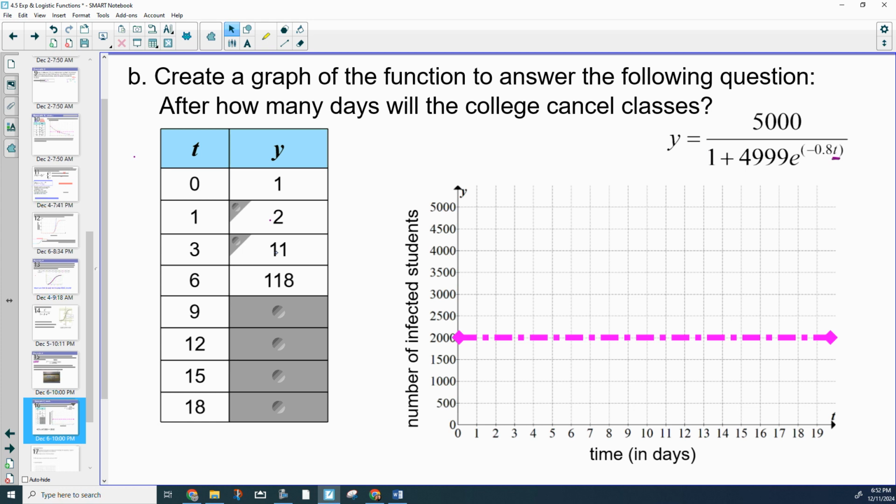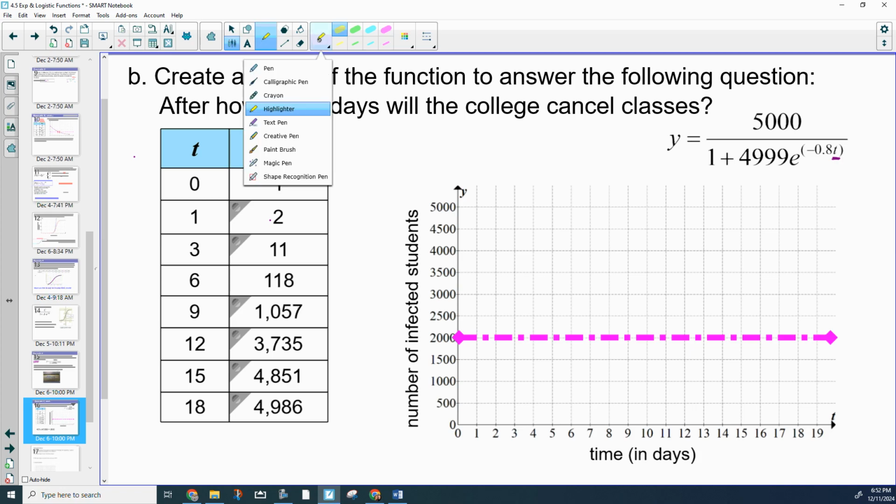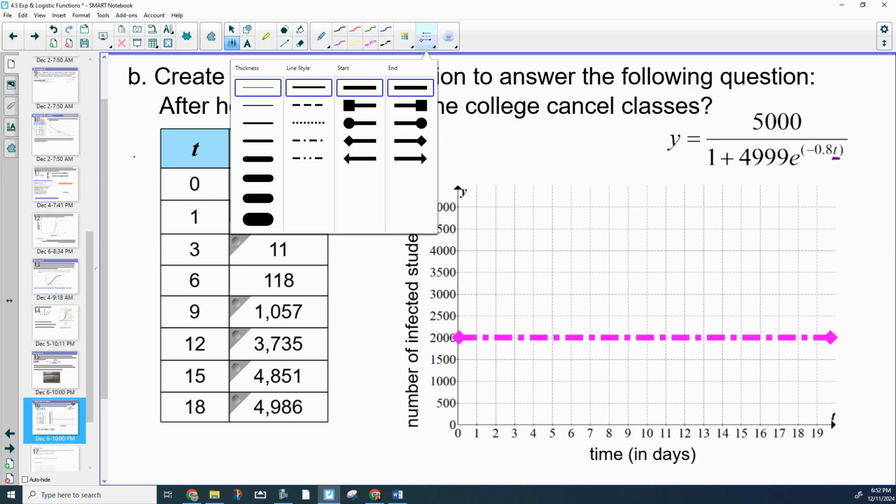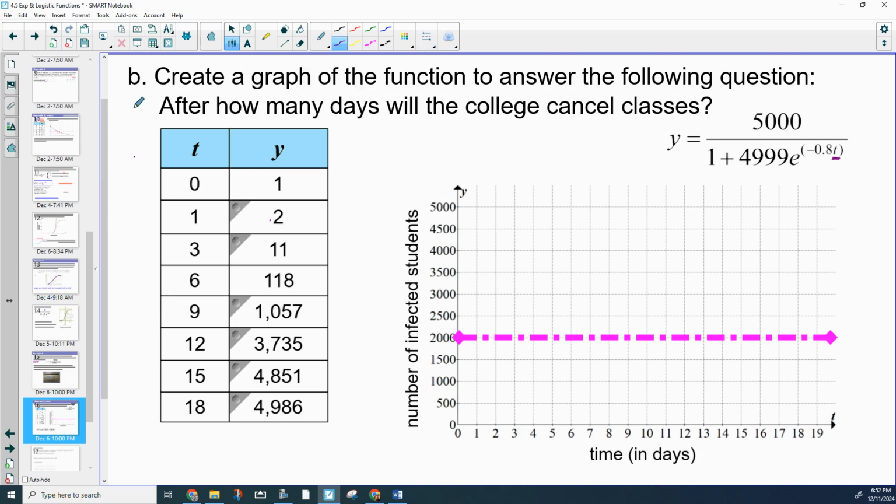And now, if we put the graph to that, t equals 0, it's at 1. When t equals 1, we're at 2. Again, these are 500, so we're almost at the bottom line as we're going. 3, it jumps to 11, which is still way down at the bottom. 6, we get up to 118, so maybe we can kind of see how it's starting to grow. 9, we hit 1,000.